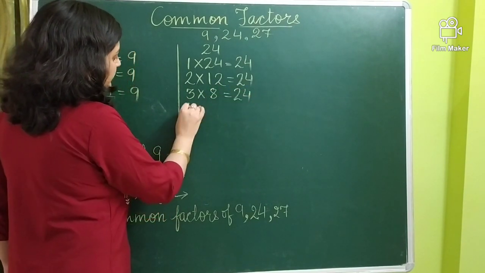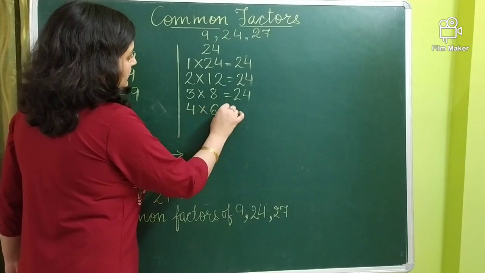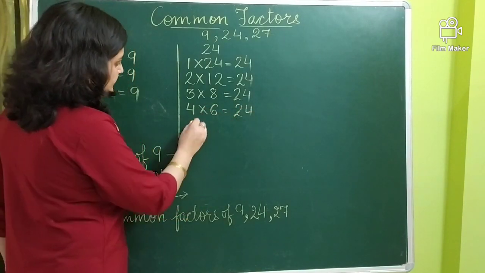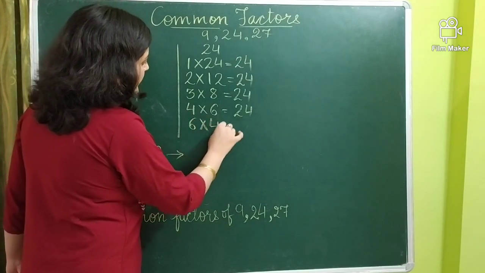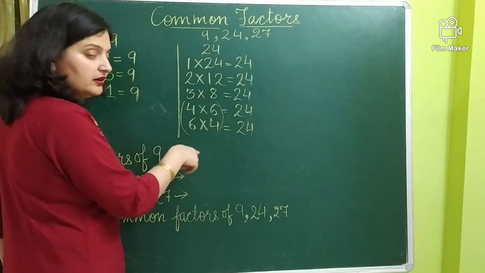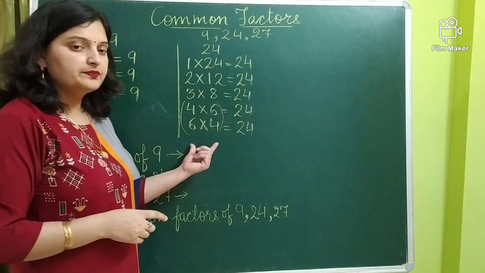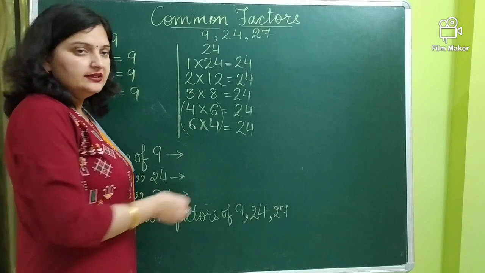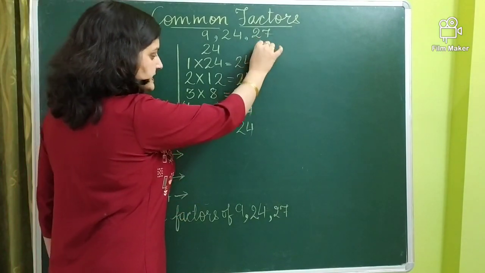Now check it for 4. Yes, 4 sixes are 24. Then 5, no. 6: 6 fours are 24. So here we have obtained the pair which is interchanging. So we will stop here.